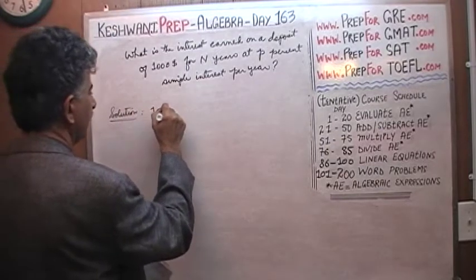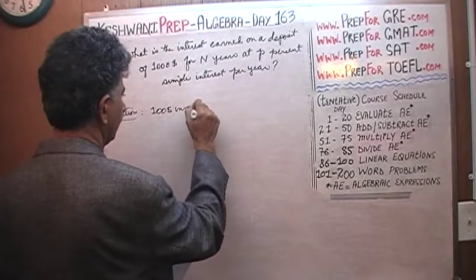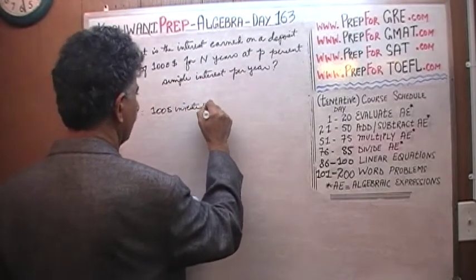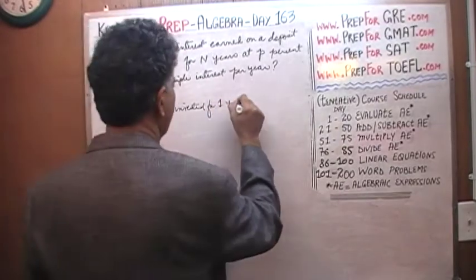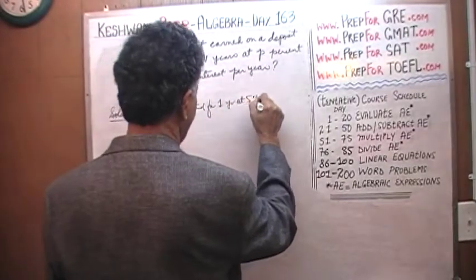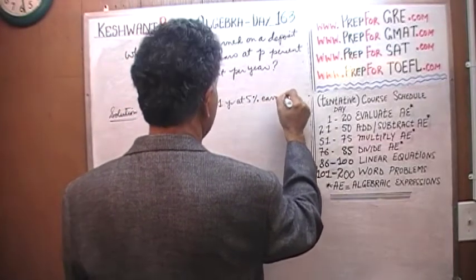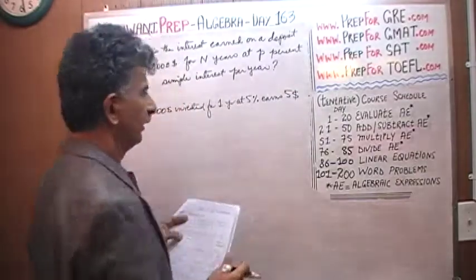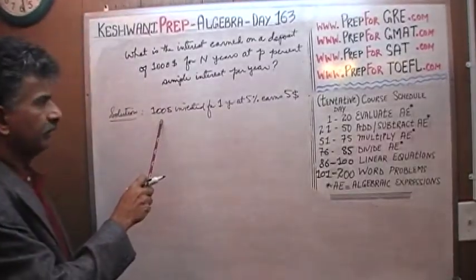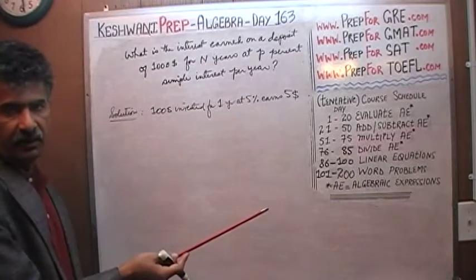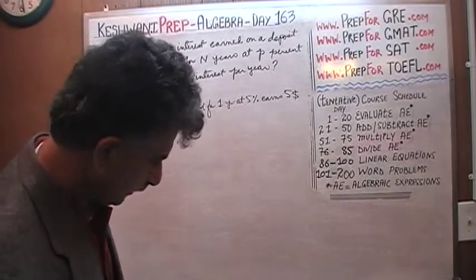If we invest $100 for 1 year at let's say 5%, it earns $5, which makes sense. If you invest $100 at 5%, at the end of the first year you're going to have $5 if you invest it for 1 year.